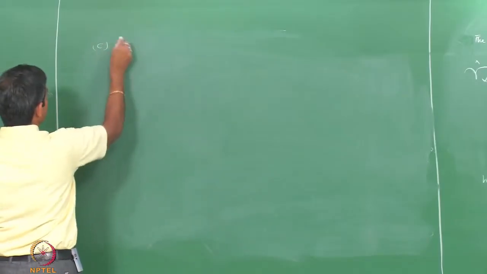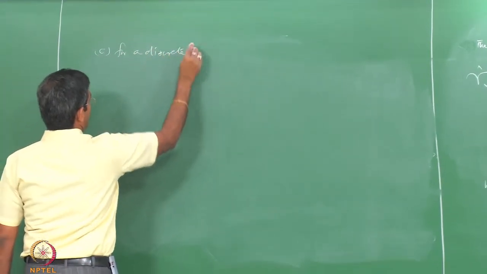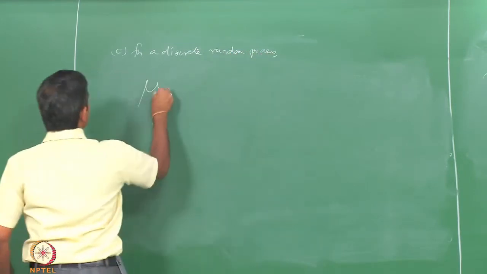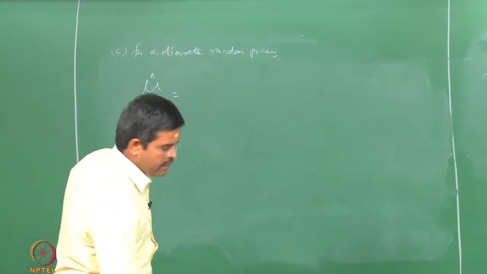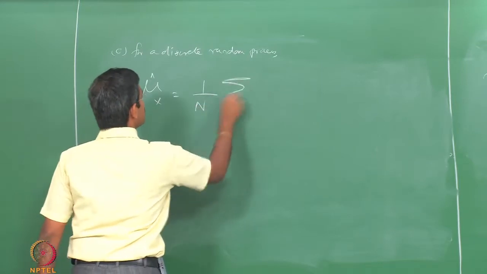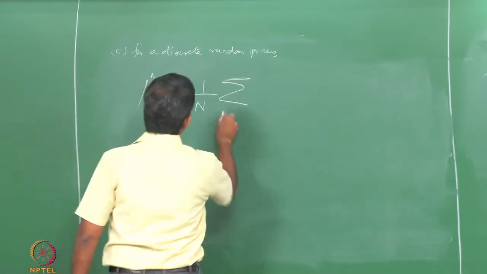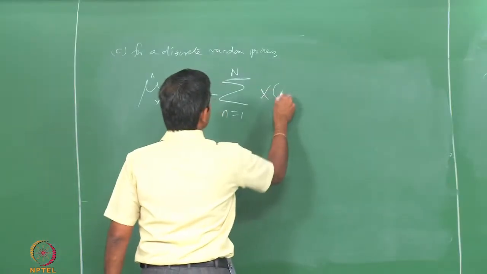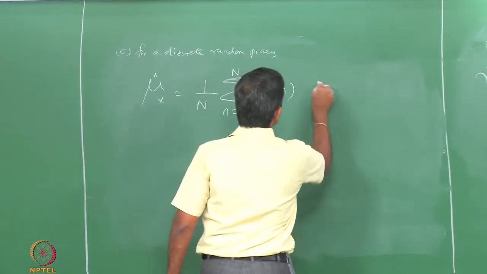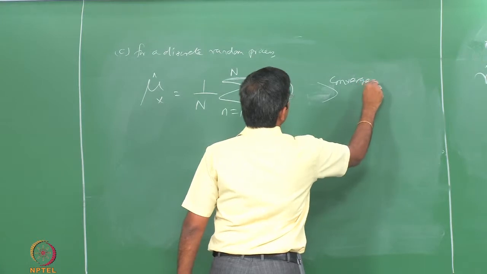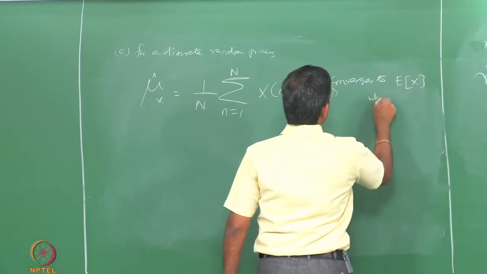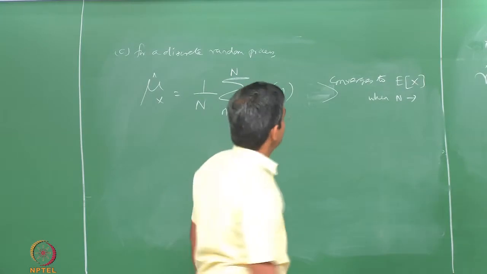For a discrete process, the mean is said to be ergodic when the average of the samples x of n, from small n equals 1 to capital N, where n is the record length, that is time, the number of records, converges to the mean of x when N tends to infinity.